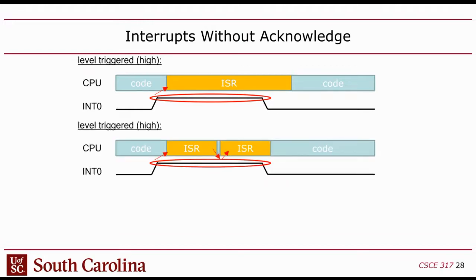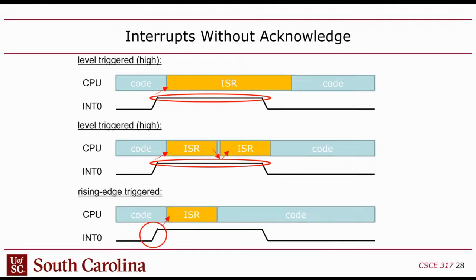So from the peripheral's perspective, there's no way to know how long to hold that interrupt line high. If you hold it high too long, you might accidentally trigger two interrupt service routines, because when the first one returns, it'll see the interrupt line still high and go back and do another one. And as I mentioned, if you don't hold it high long enough, you may not get the interrupt at all.